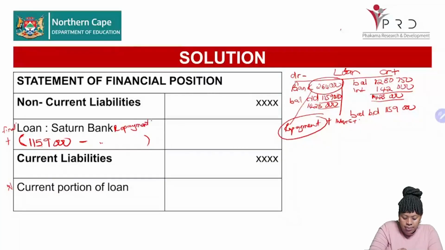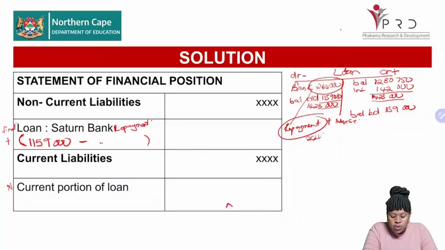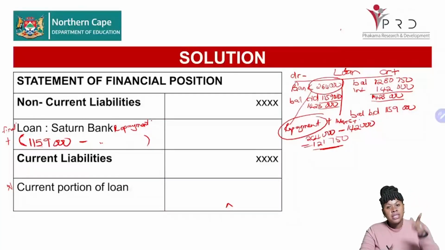That's what goes in here, and I know that the same repayment is the amount that's going over there. So I've got the 264,000, and I'm going to subtract my interest, because I know that my interest is the same. That's the interest that I've paid. That will give me 121,750. This is the repayment that I've made in the previous financial year.